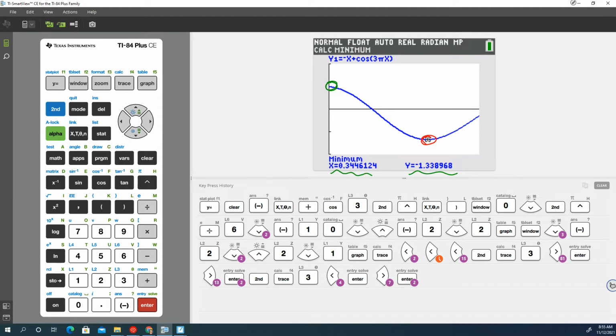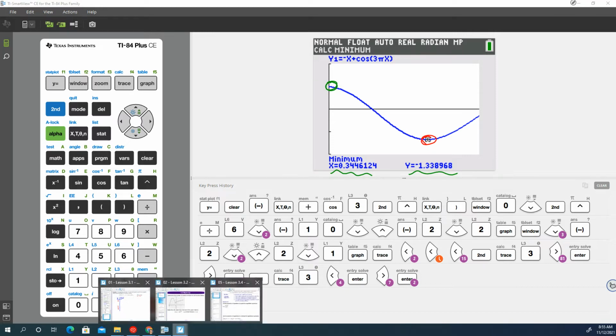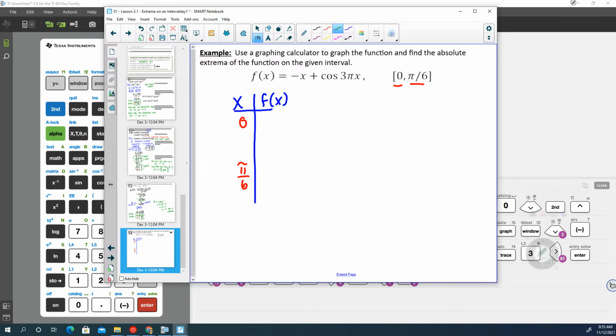There's no other pits or peaks. There's no other places where it's not differentiable. So that interior point I'd probably put right in the middle of my table. That's 0.3446... and I got a value of negative 1.3389... This one we got 1 for that endpoint of 0.